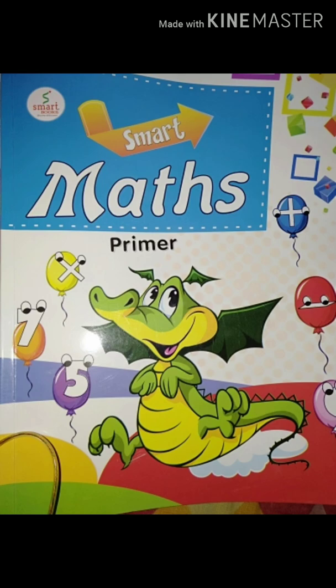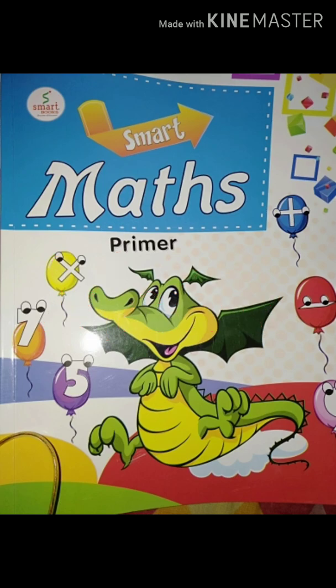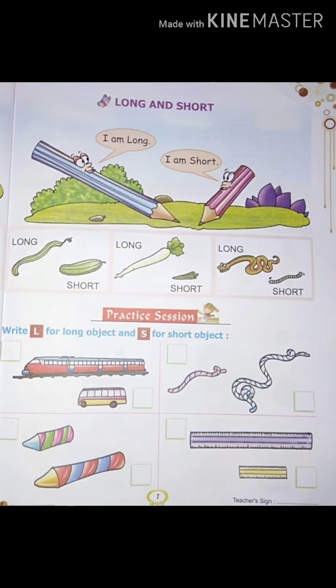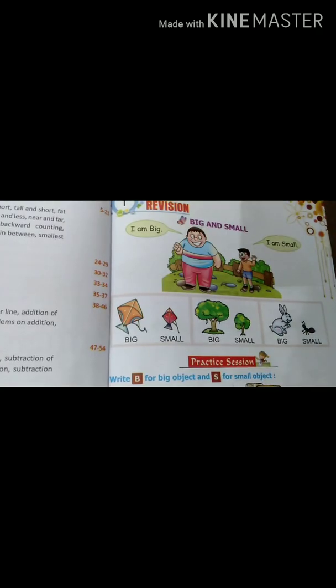This is your maths book, and the spelling of maths is M-A-T-H-S. Today I will teach you page number 7 and 8. In the previous video you learnt page number 5 and 6.